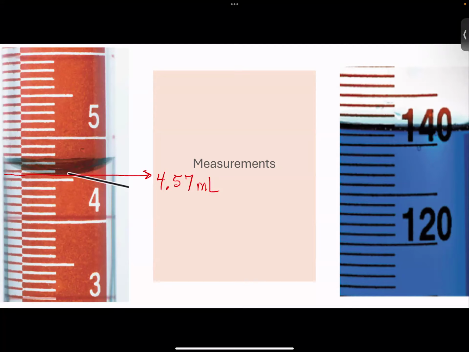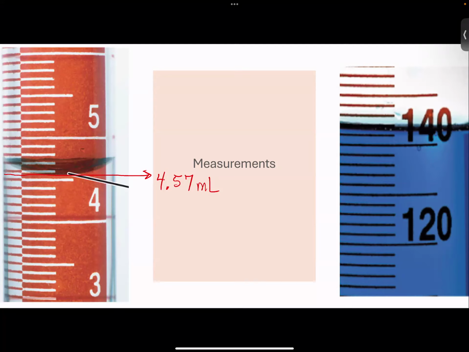Now, one thing that will help us is when we read this, we need to be eye level. Don't read it pointing down. If you read it pointing down, you're going to get what's called a parallax error, meaning it's going to be an incorrect measurement.